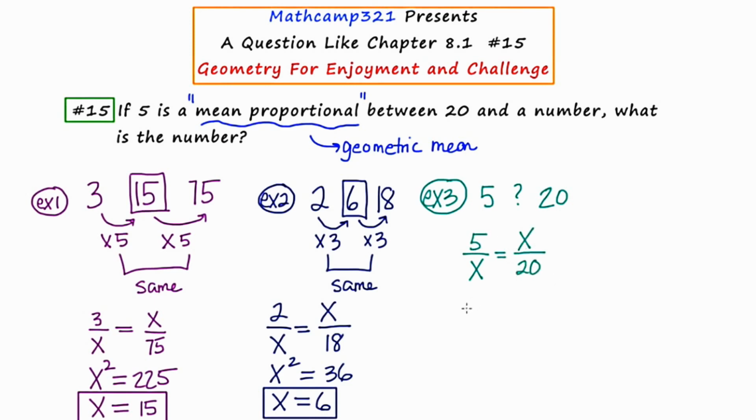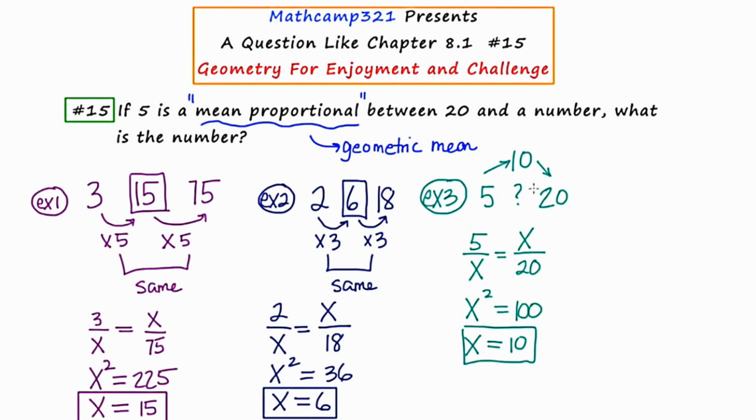I'll cross multiply, getting x squared equals 100. I'll take the square root of both sides, getting x equals plus or minus 10. But I'm only going to consider the positive answer, which is 10. So if I stick a 10 right here, 5 times what number is 10? That would be 5 times 2. And then 10 times what number is 20? And again, that's times 2.